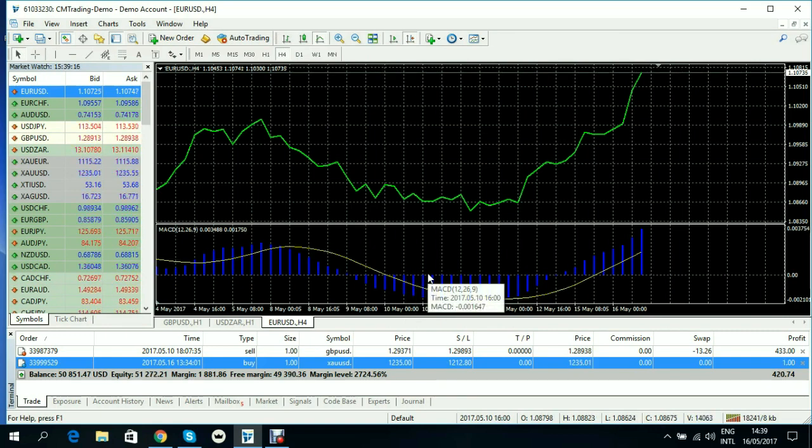MACD is also used for analyzing trend or price continuation. That is why you have to check with different time frames. And if, let's say, weekly, daily, and 1 hour are all confirmed to be above the zero zone, then it is likely to be a buy trend.